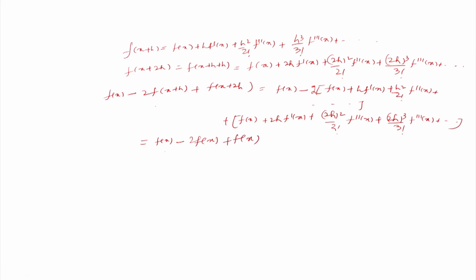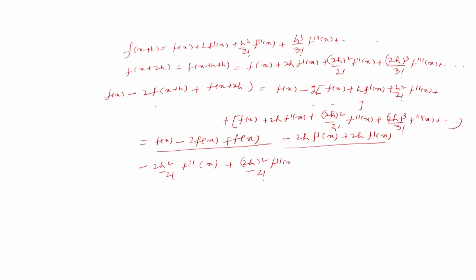So f of x cancels out here, then minus 2h f dash of x plus this 2h f dash of x, so these two also cancel out here. Then you see minus 2h square by 2 factorial f double dash of x plus 2h whole square by factorial 2 f double dash of x here.